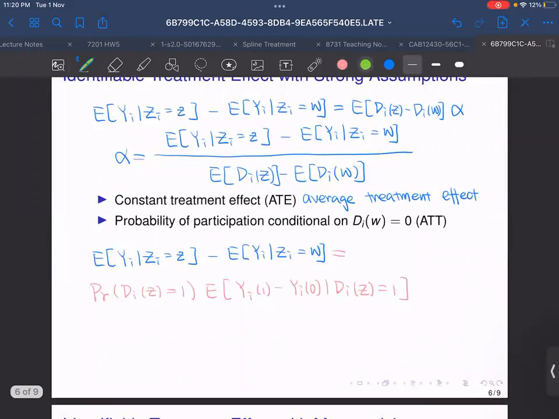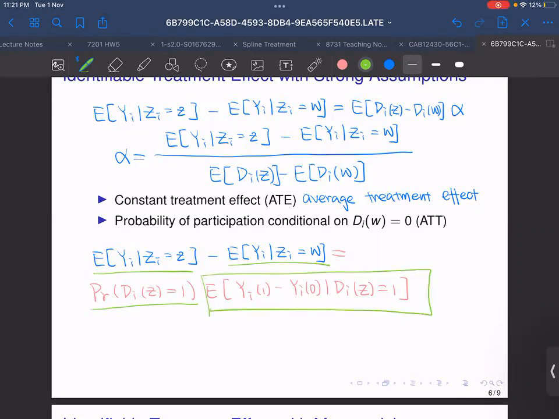Again, we see that we can find a sample analog for this one, as we have done previously. And we can actually compute this, because that's the percentage of people who get a draft number 3, right? So we will be able to compute this treatment effect. And what is this treatment effect?